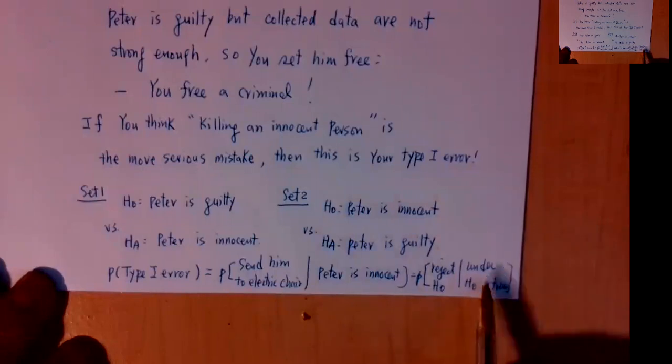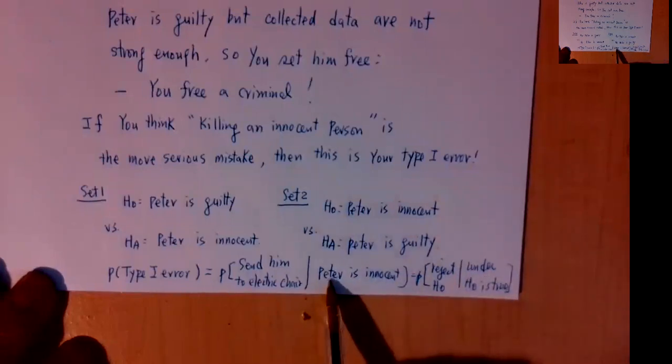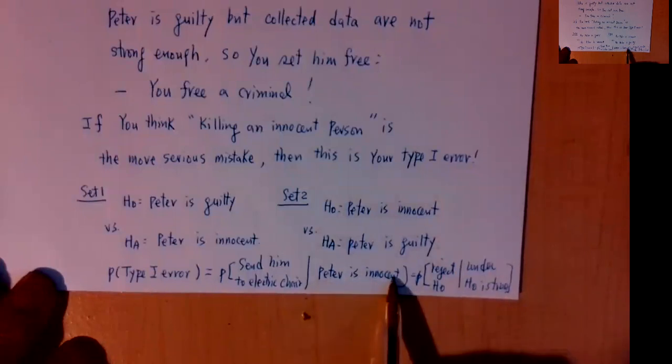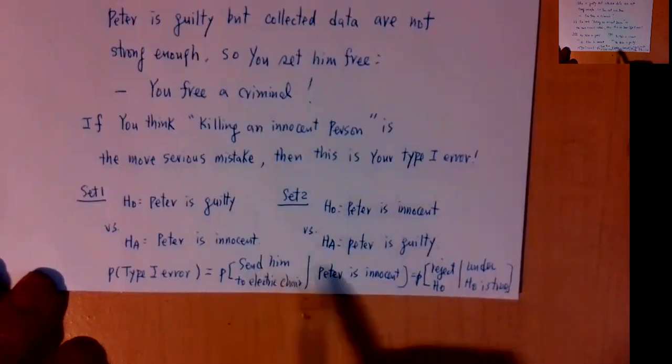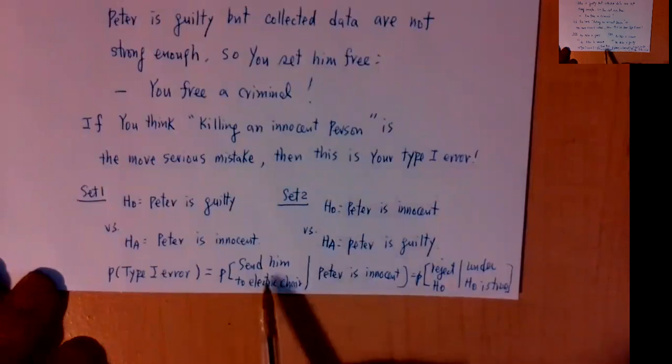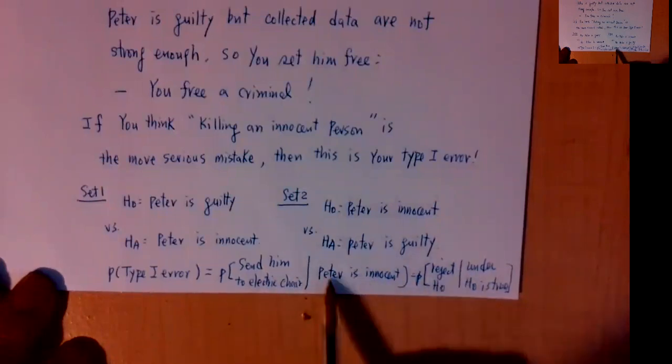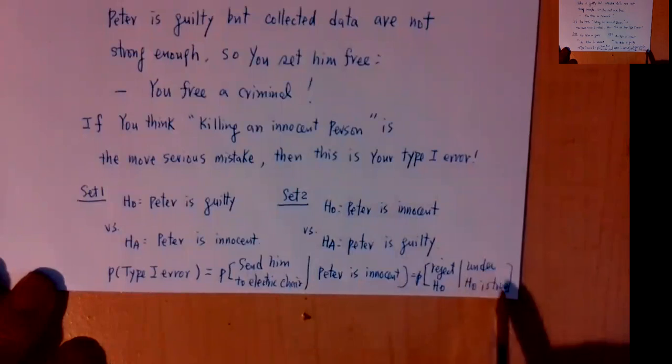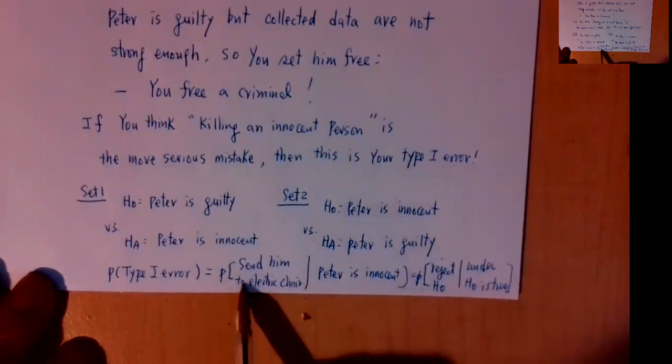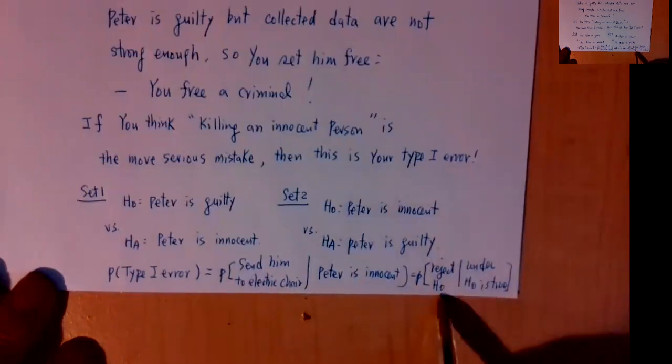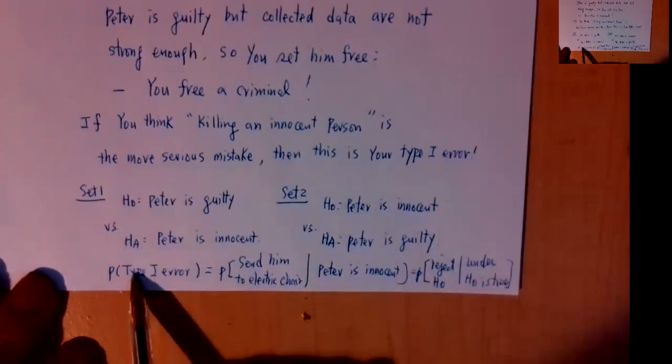Remember, this is the more serious mistake. If you believe killing an innocent person is a more serious mistake, then when Peter is innocent, under H naught is true, you send him to the electric chair, you reject H naught. That's the more serious mistake.